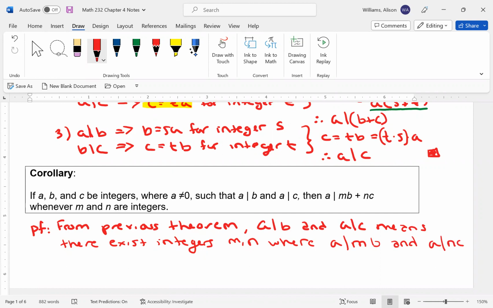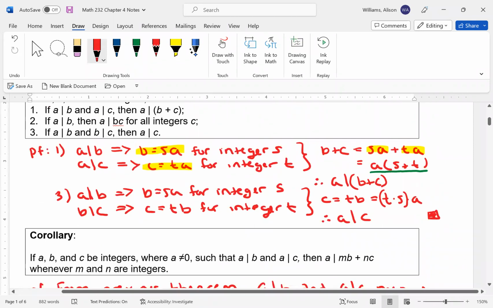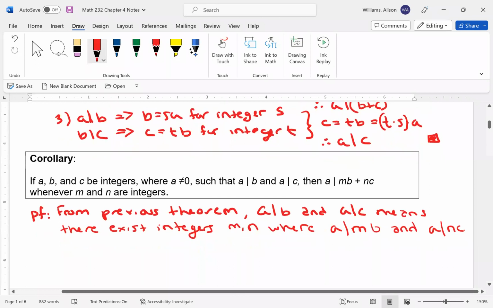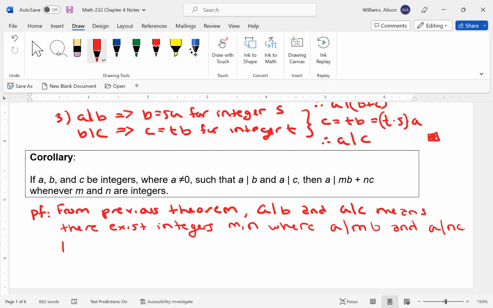That's from the previous theorem, number 2. We didn't prove number 2, but if a divides b, then a divides b times c. So if you multiply something that's divisible by a, it's going to work. And then, using the same theorem, a dividing these two means that we can add them together.